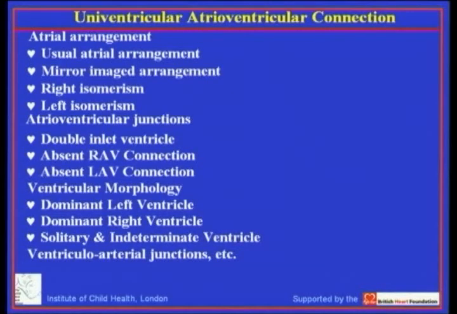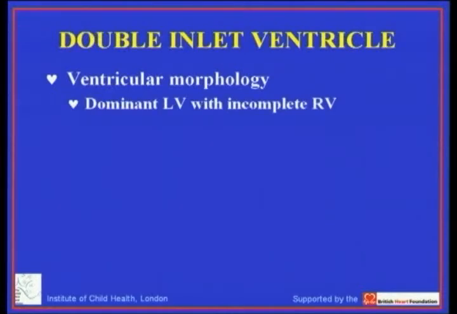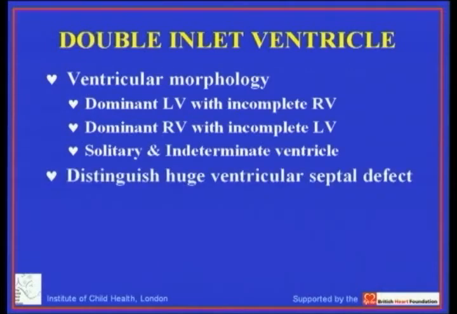And now we're going to concentrate on what's happening at the ventricular arterial junctions. So to repeat, the variations in terms of ventricular morphology: dominant left ventricle with incomplete right ventricle, dominant right ventricle with incomplete left ventricle, rarely solitary and indeterminate ventricle.